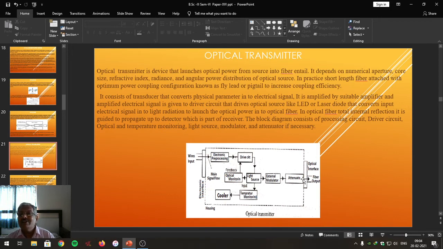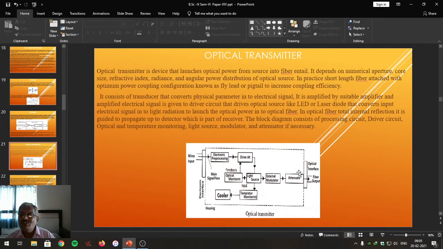After that, to attenuate the unwanted signal, attenuators are used, and then finally the maximum optical power is launched into the optical fiber with the optical interface, by using the splicing technique or the connector technique.